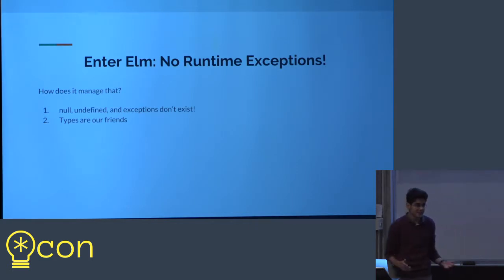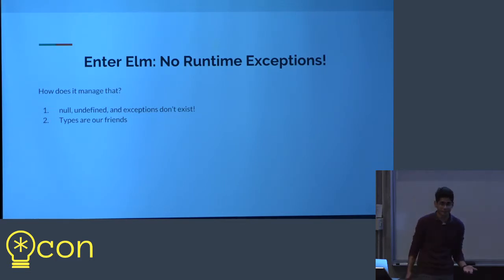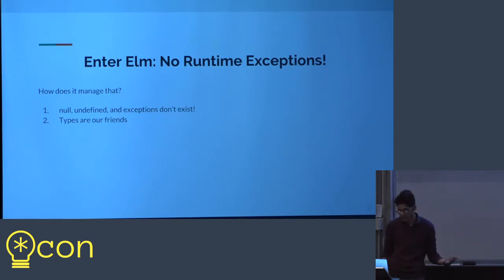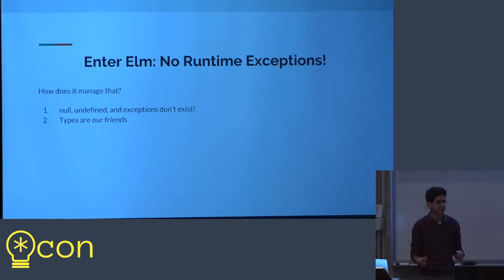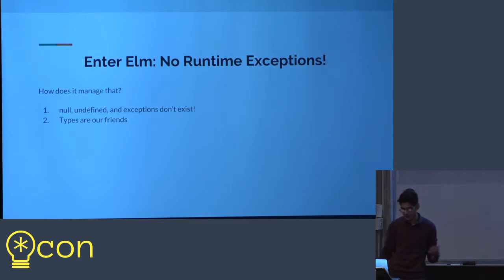Those just don't exist. And since it is statically typed, types are our friends. You cannot, in Elm, set a string's value to be null and be on your merry way. A string cannot be null in Elm. And you're going to hear me talk a lot about types in this talk, and there are good reasons for it, as you'll see.